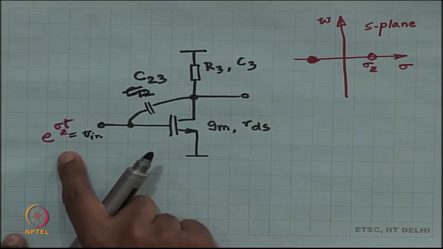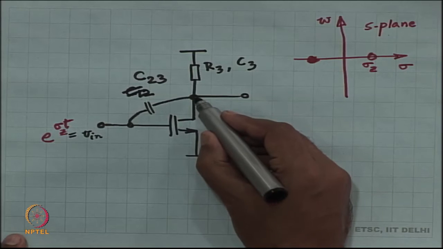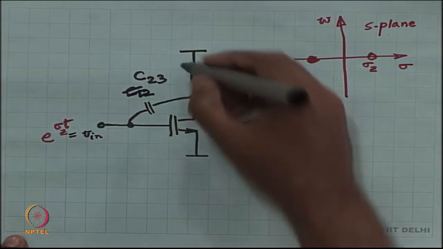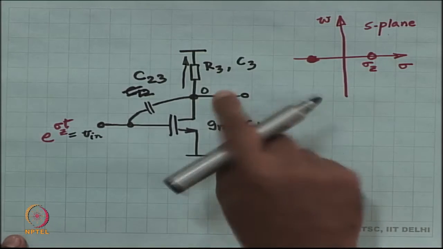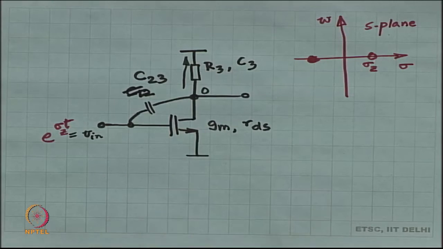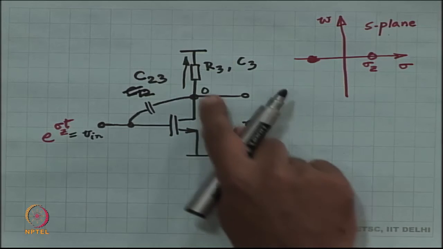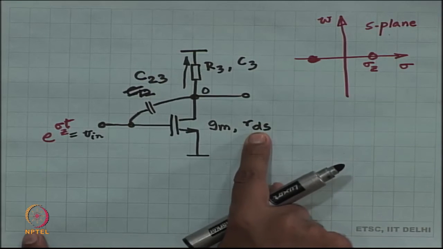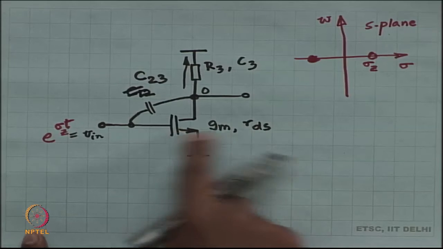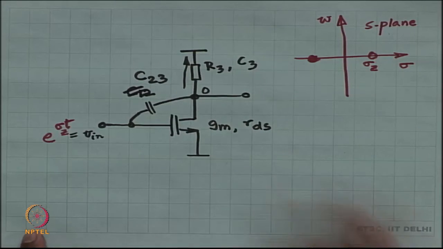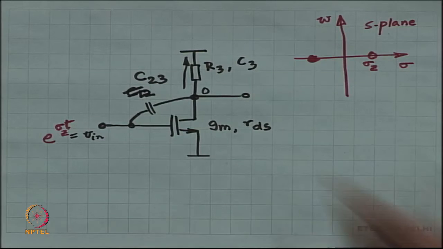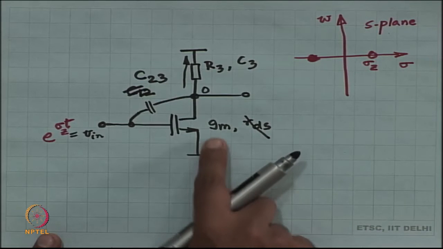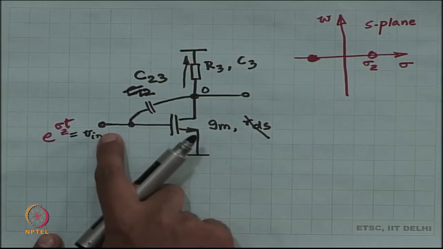Now, after I have applied that, the voltage over here is 0, which means that the current through these R 3, C 3, all of that is equal to 0. So, both sides of R 3 and C 3, the current is 0. The current through R d s, remember inside the MOSFET there is R d s to ground, is also 0, because both sides are at 0 volts. So, it does not matter. So, all that is there in the MOSFET is G m times V in.